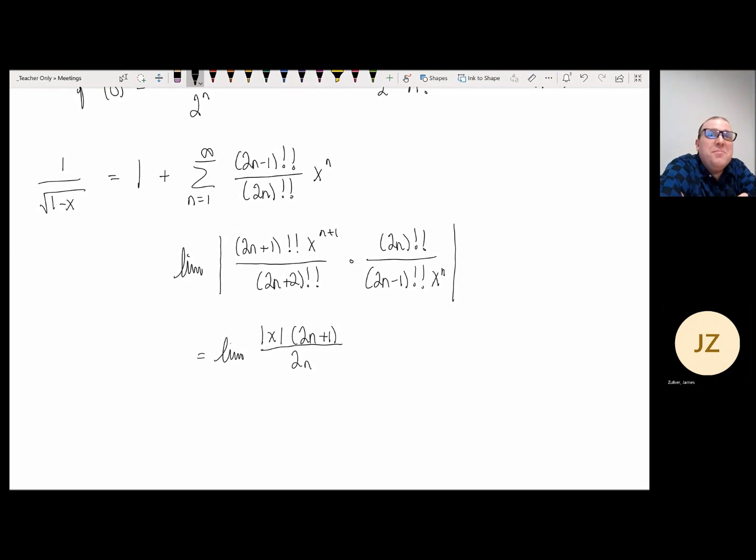Numerators and denominators line up nicely with the double factorials. Not 2n plus 2. It should be 2n plus 2. Not going to change the limit, thankfully. Isn't that limit just absolute value of x?